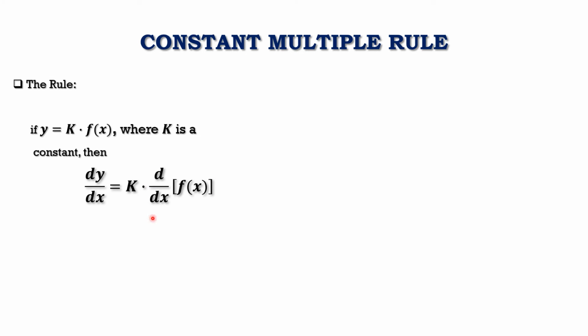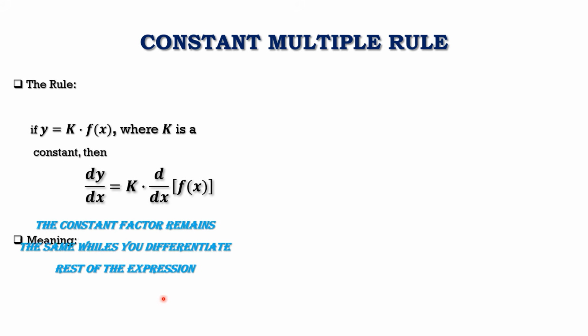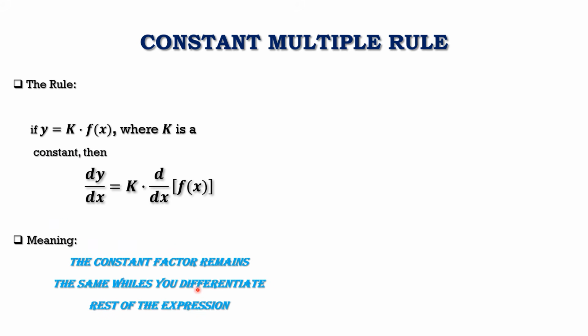So you have to differentiate the function, then multiply your results to the constant, which is k. So what it means is that the constant factor remains the same whilst you differentiate the rest of the expression or the function. So let's see an example here.